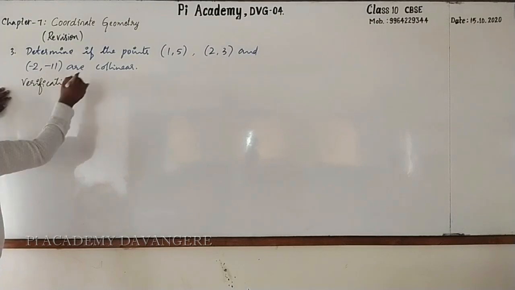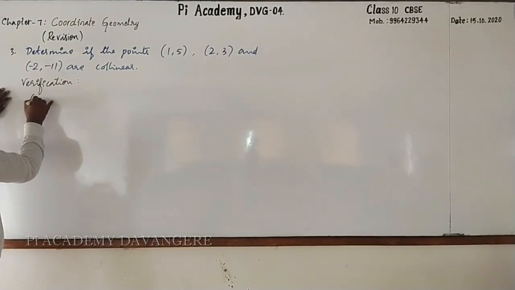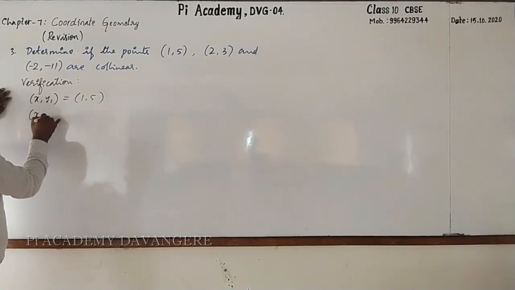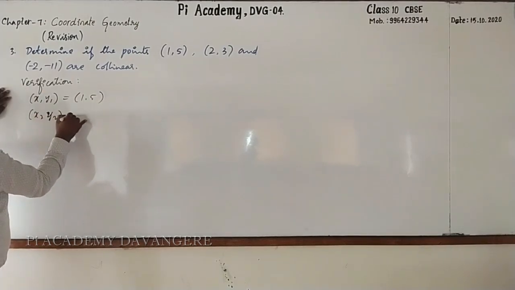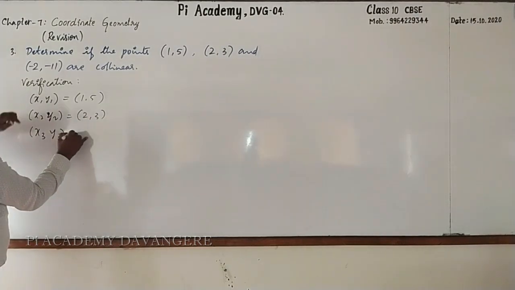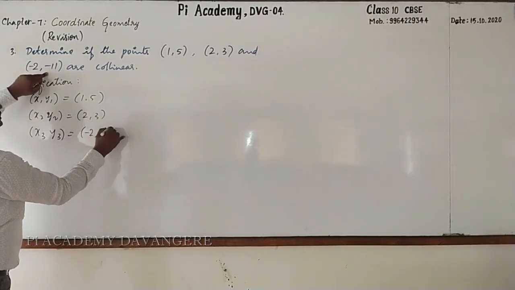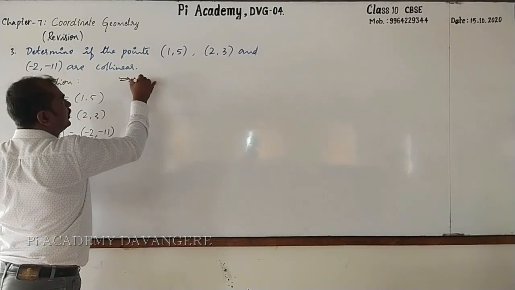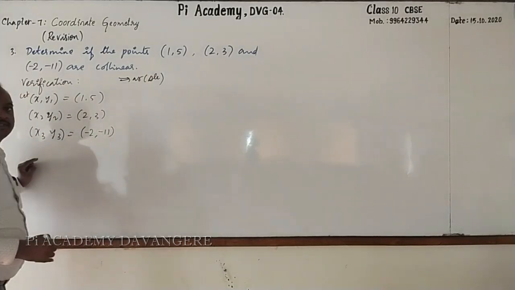You may take the first point (1, 5) as (x1, y1). Next, (x2, y2) is (2, 3) and (x3, y3) is (-2, -11). We have a formula to find out the area of a triangle. What is that?